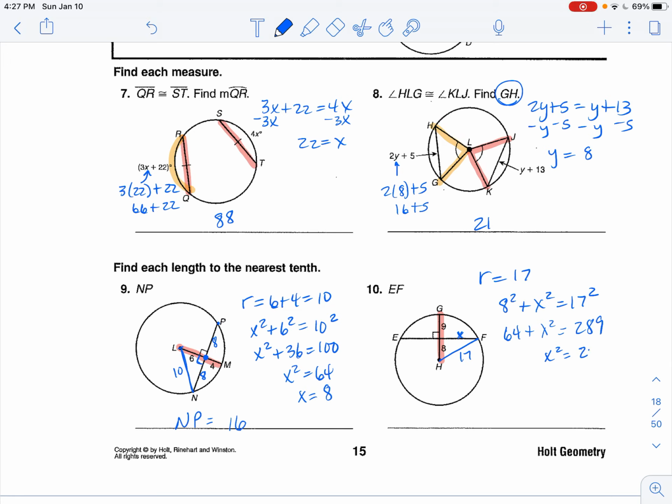Subtract 64, and that's going to give me 225. If I take the square root, this will give me 15. So I know that this little x right here is equal to 15. Since this chord is being bisected, because it's perpendicular, each of these pieces is 15. So the sum from E to F is equal to 30.